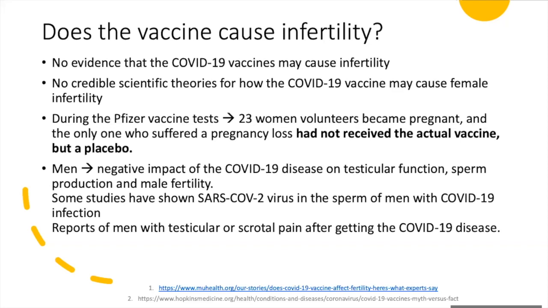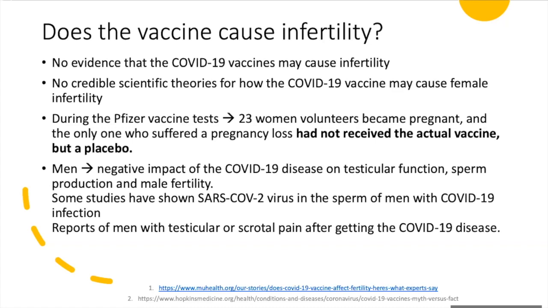In men, I thought it's also important to include men in the fertility question. So also no evidence that the vaccine can cause infertility. However, interestingly, COVID itself, the virus SARS-CoV-2, which causes COVID-19, can have an effect on testicular function, sperm production, and male fertility.